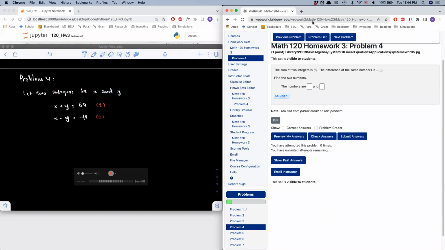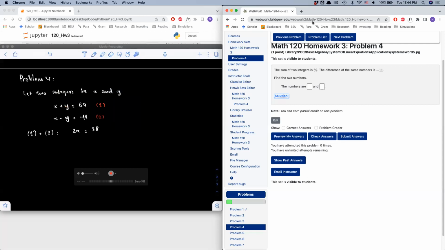So I noticed that if I add these 2 equations together, the variable y gets canceled out, and so equation 1 plus equation 2 gives me 2x. Again, the positive y and negative y values cancel out, and you are left with 2x equal to 58.